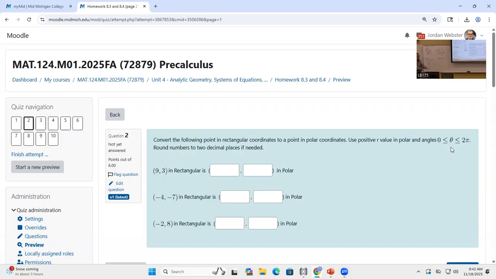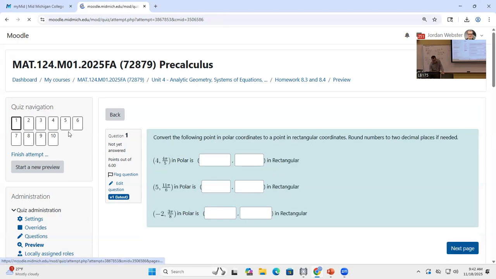If you wanted to put your angle between 0 and 2 pi, just add 2 pi to it. Does that make sense? So if you want to force your angle between 0 and 2 pi, that was probably a mistake on my part. I probably wanted to go from -pi/2 to 3pi/2, but in any case, 0 to 2 pi.